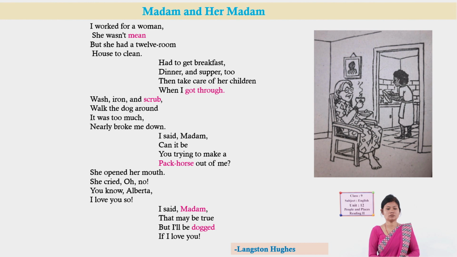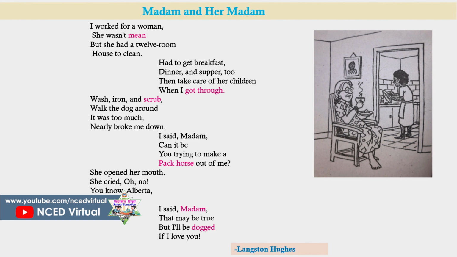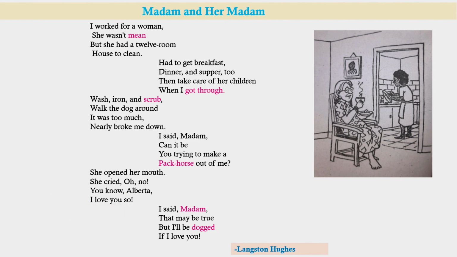I worked for a woman. She wasn't mean, but she had a 12-room house to clean. Had to get breakfast, dinner and supper too, then take care of her children when I got through. Wash, iron, and scrub, walk the dog around.